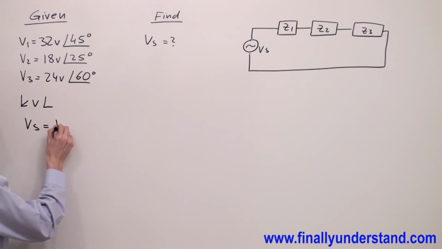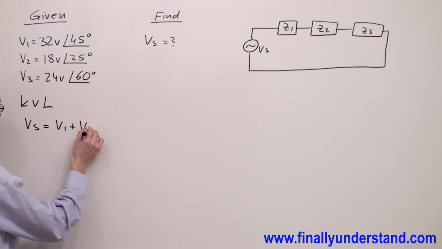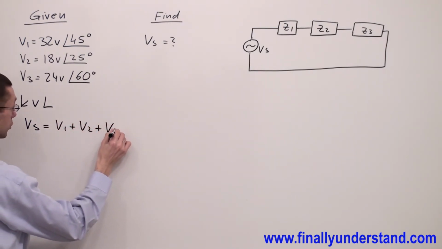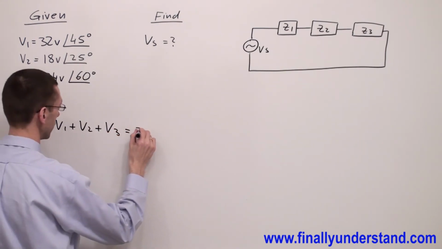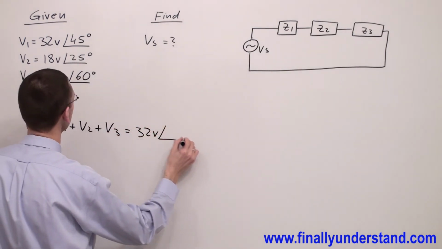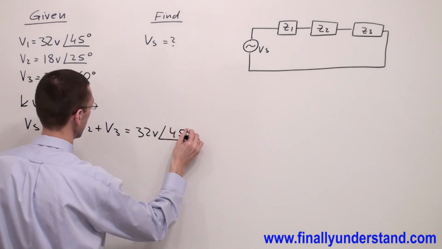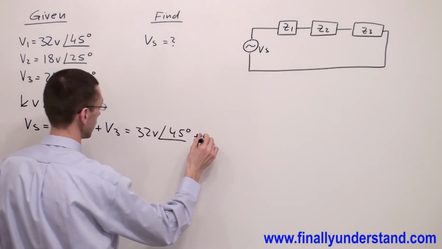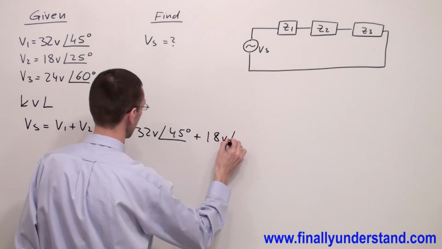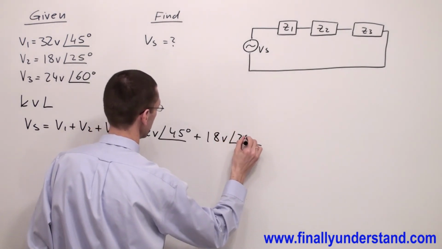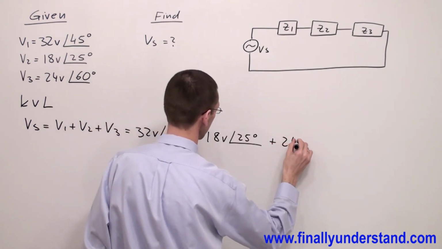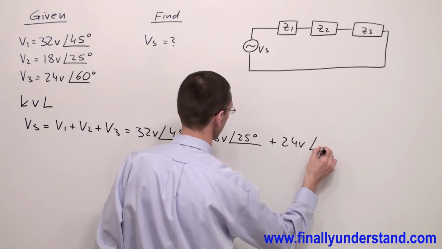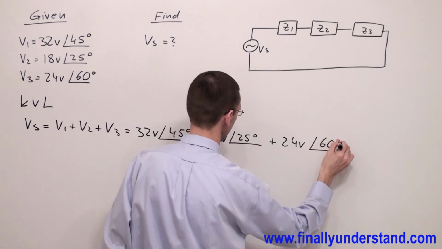So I have V1 plus V2 plus V3 in this case, where V1 is equal to 32 volts at an angle of 45 degrees, plus 18 volts at an angle of 25 degrees, plus 24 volts at an angle of 60 degrees.